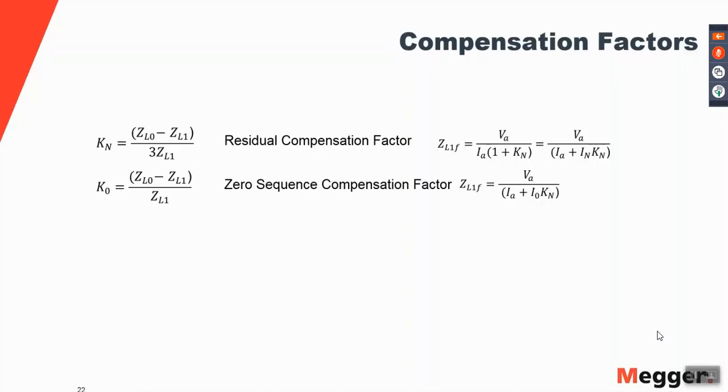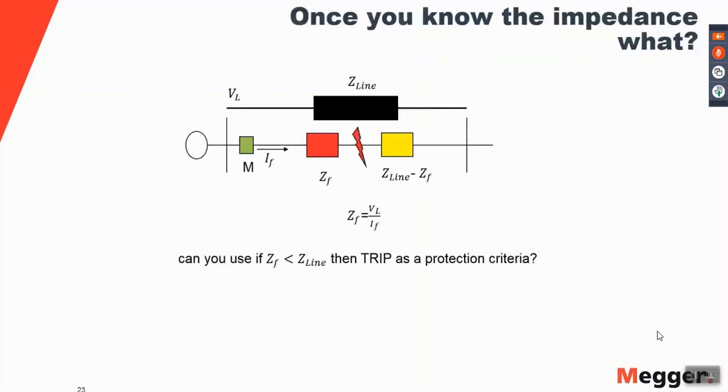I wanted to bring this here just to mention the fact that you need to compensate when you have single phase to ground faults, and to show you how these compensation factors are developed in terms of the equations, so that you're not afraid of doing it yourself if you need to. There is a ton of information about this on the internet, so you can also use that.